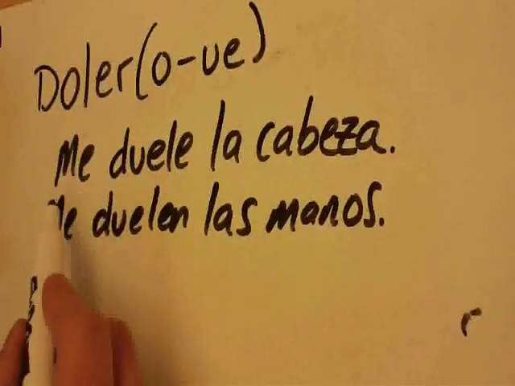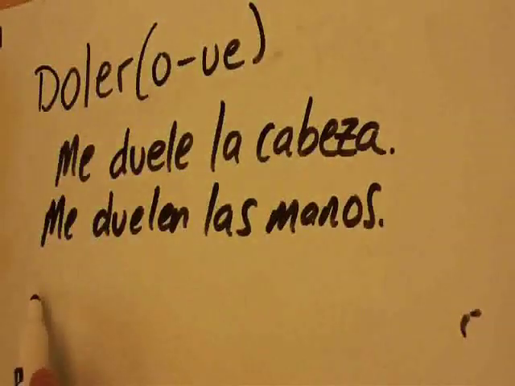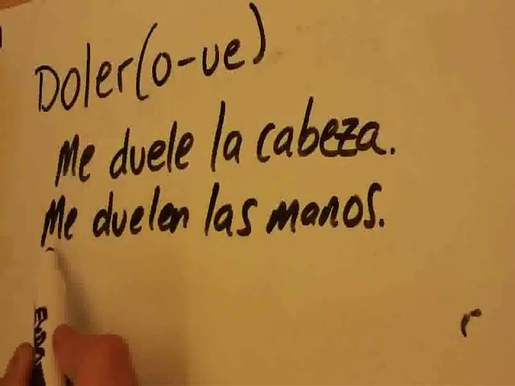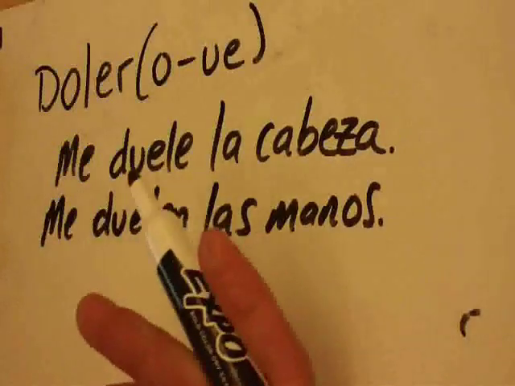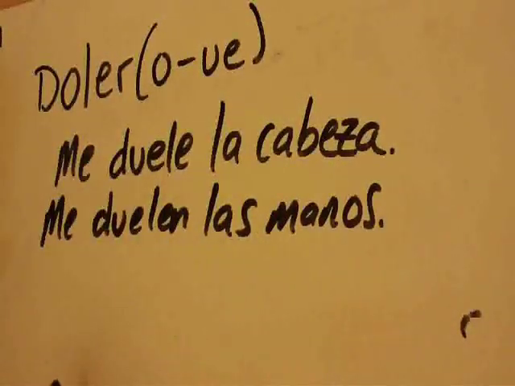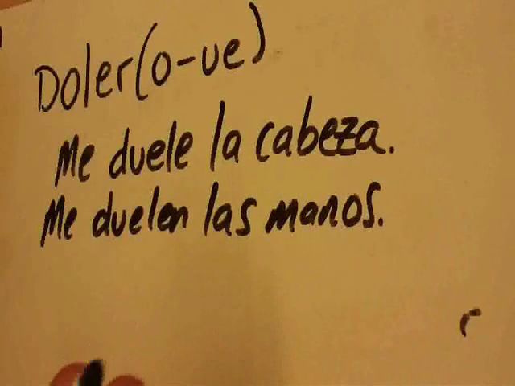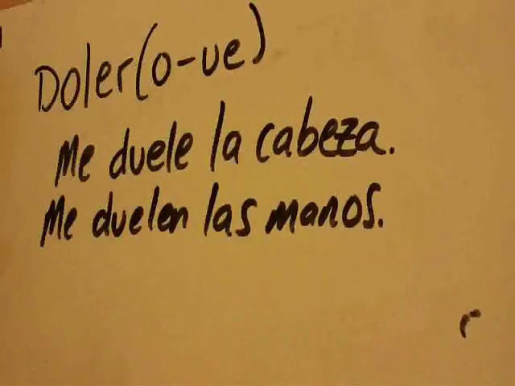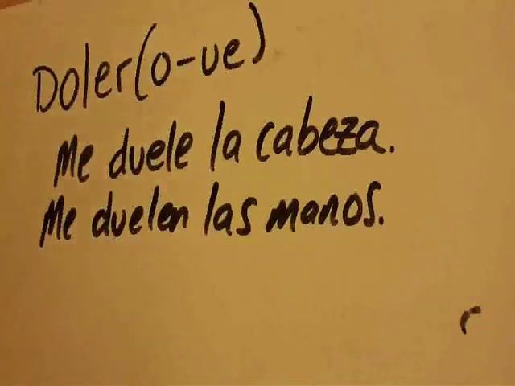And then this part over here is going to be either me, te, le for I'm hurting, you are hurting, le is for he or she or usted, and then nos for us. The os is for you plural, vosotros, and then les will be for ustedes or they, ellos or ellas.